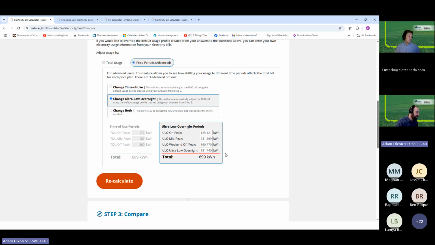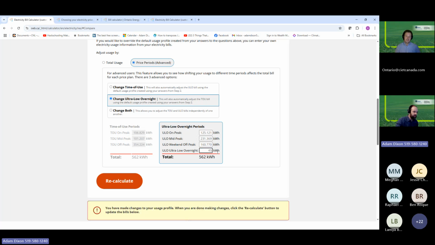So I can go in here and put in, let's say I would charge up my batteries, and let's say I have 700. Let's say I use the majority, 450 of my kilowatt hours at night in this situation. Then off peak, maybe I use a little bit more, 100, and I use very little throughout the day.